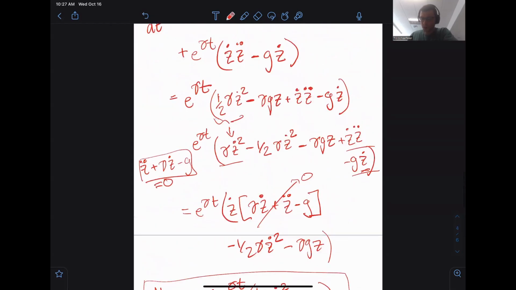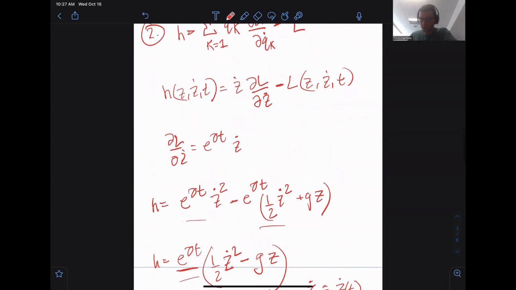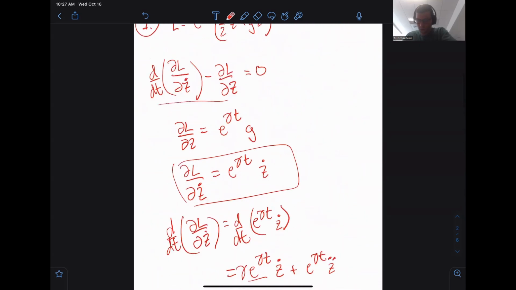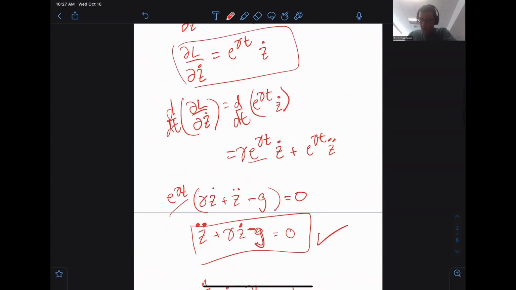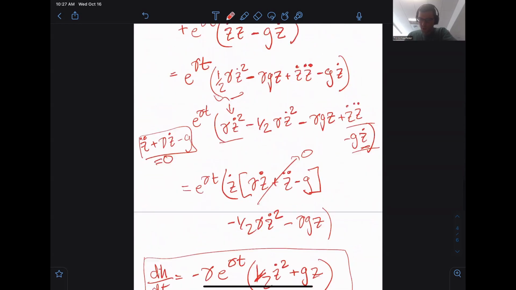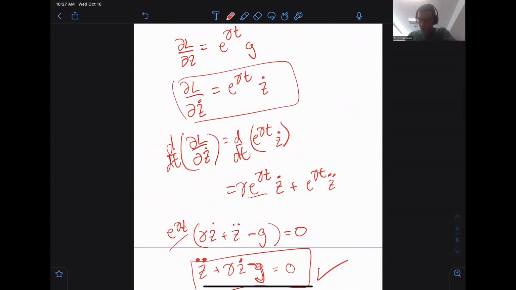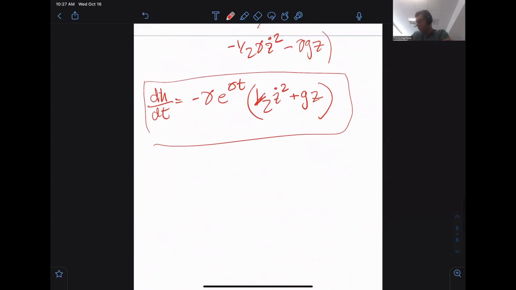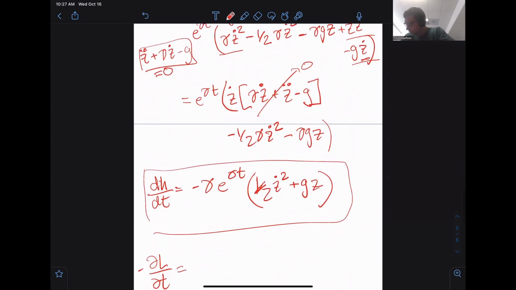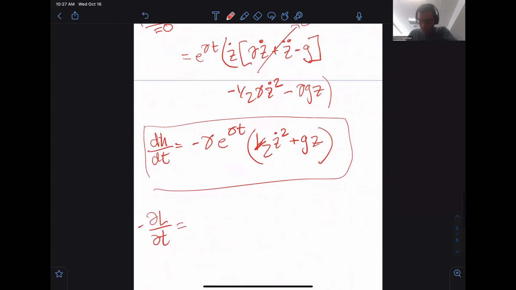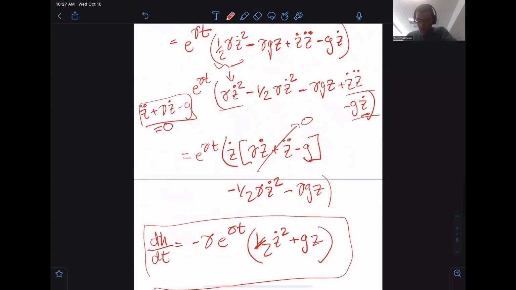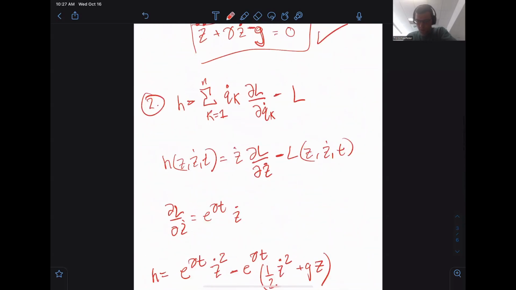And now we just have to take the partial derivative of the Lagrangian with respect to time, with a minus sign, and show that that's equal to that. And if it's not, then I probably made a mistake, but I'm pretty sure it is. So it's equal to minus, find the Lagrangian again.